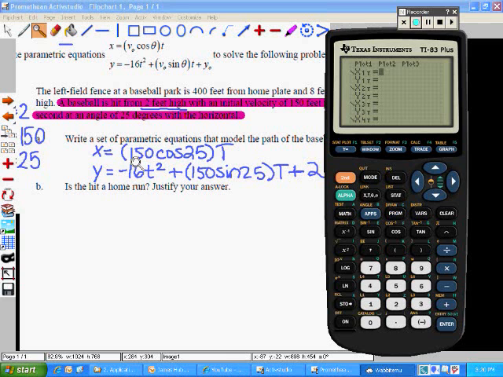I don't really need these parentheses as indicated in the formula, so I can just type 150 cosine 25. Here's another thing people forget: make sure you close the parentheses after the 25 before you type the t, because we want to take cosine of 25 degrees, not cosine of 25t.